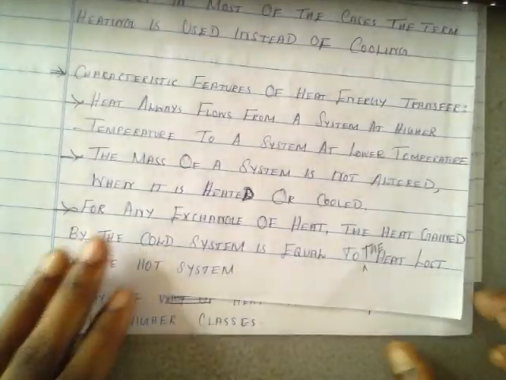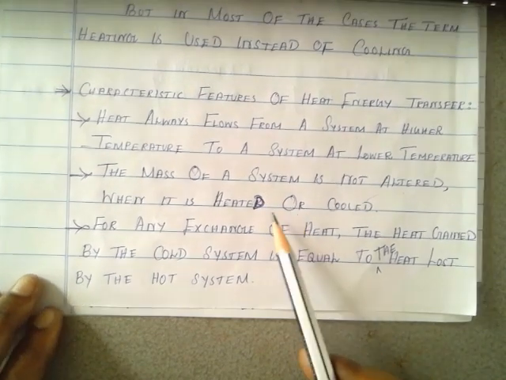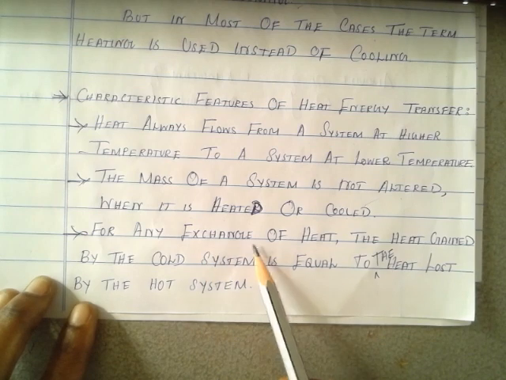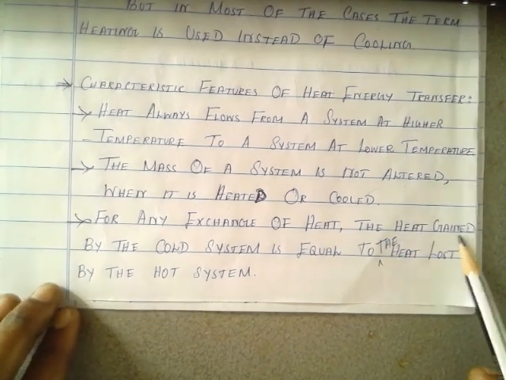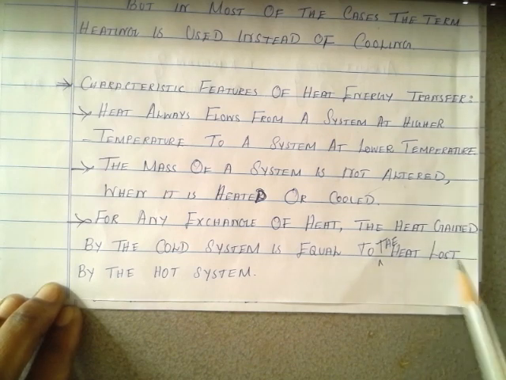That means there is no change in the mass of the object during the heating or cooling process. For any exchange of heat, the heat gained by the cold system is equal to the heat lost by the hot system.